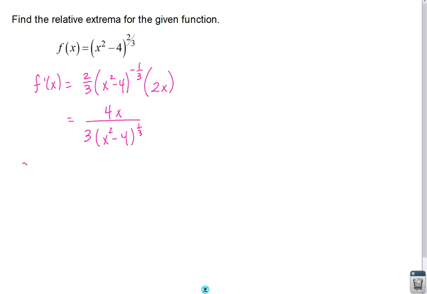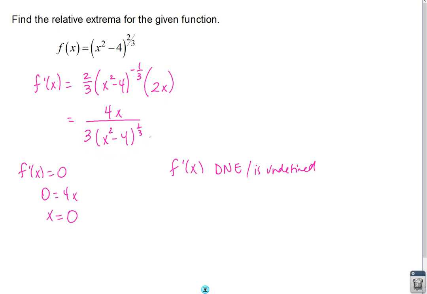Okay, so for my critical numbers, I need to check both ways in this case. So I could have f prime of x equals 0. So f prime of x is equal to 0 basically whenever my numerator is equal to 0. So 0 equals 4x, so x is equal to 0. This is my first critical number. I also need to check for where f prime of x does not exist, or is undefined. In this case, because I have a fraction, I need to look at my denominator.